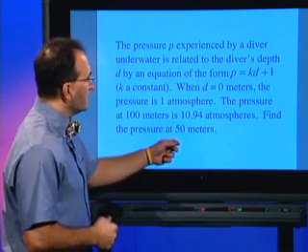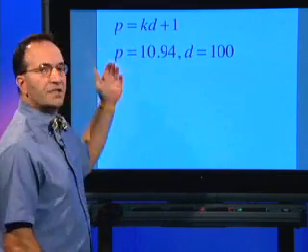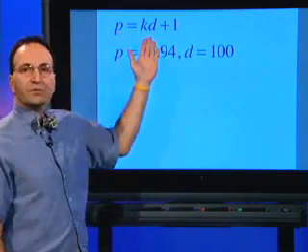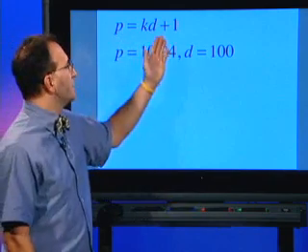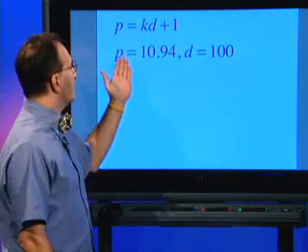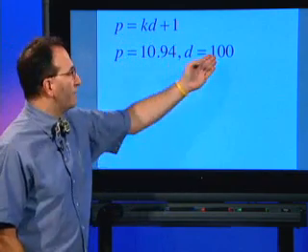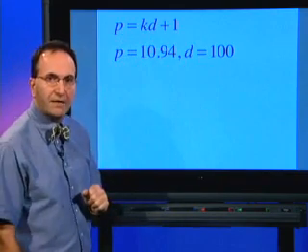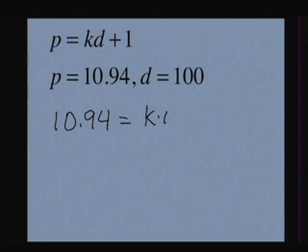So what's important here is that we know the equation is pressure is equal to the constant times D plus 1, and we have the specific information that at a depth of 100, the pressure is 10.94. So let's substitute those numbers into the equation. So we get 10.94 equals K times 100 plus 1.